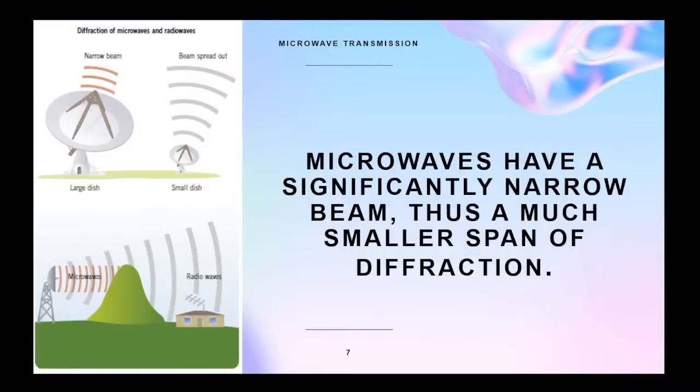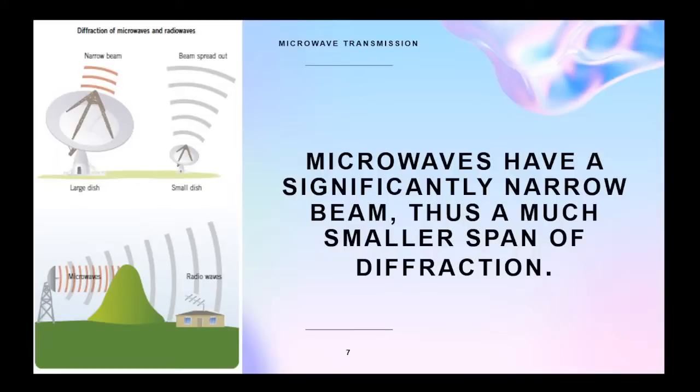And this is important. Like I was explaining just a second ago, for something to diffract, it has to have a wider span than the physical obstruction. There has to be a gap. Like if I talk to you through the door, well, there's technically little creases and gaps that the sound can get through, right?